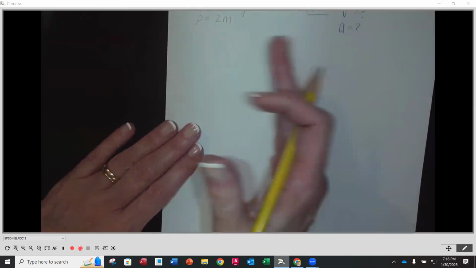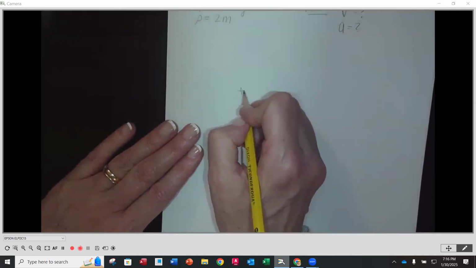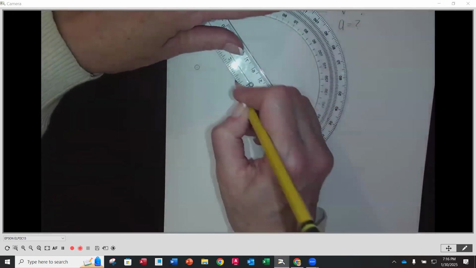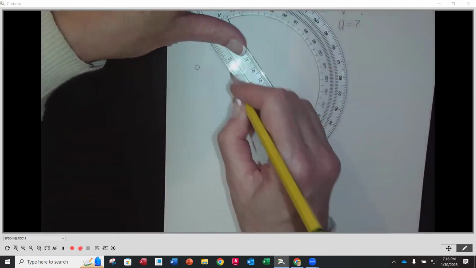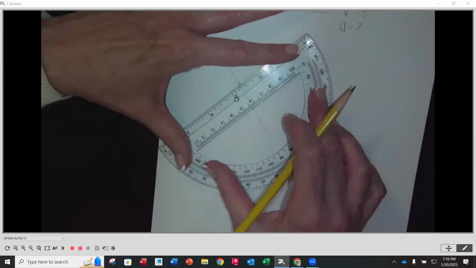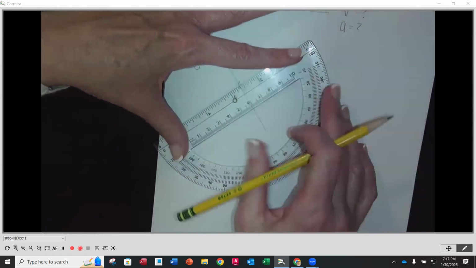So I'm going to start over here. The diagram towards the left is going to be my statics diagram, if you would. This is going to be the center. Then I'm going to grab my protractor, and we are going to tip this at that 30-degree angle, okay? And then 90 degrees to that, I have this.